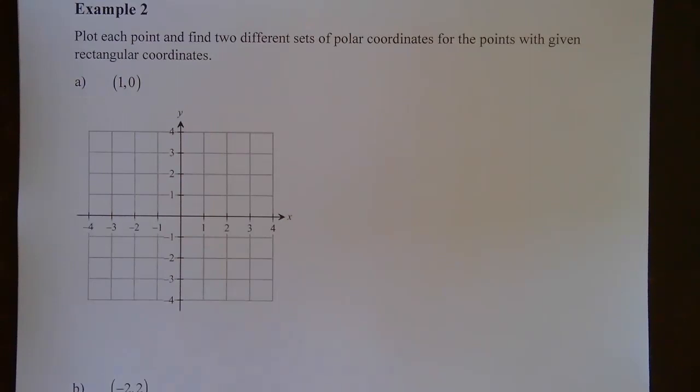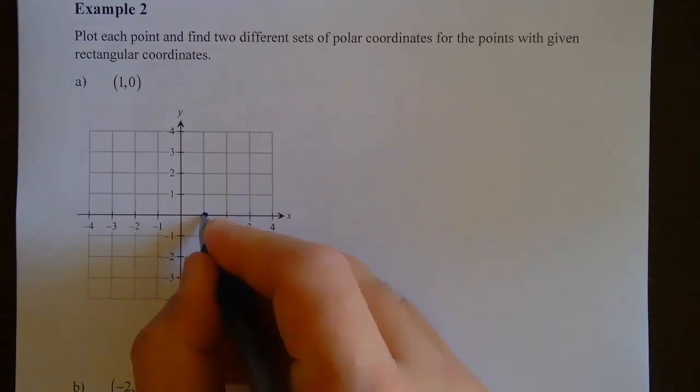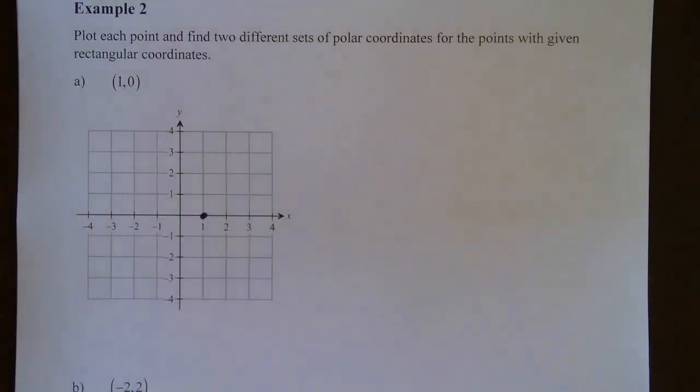Some of these we can do in our head. Like this one, we want to go right 1 and up 0. So that would be this point right here. We could do this formally, but actually, let's do it informally.